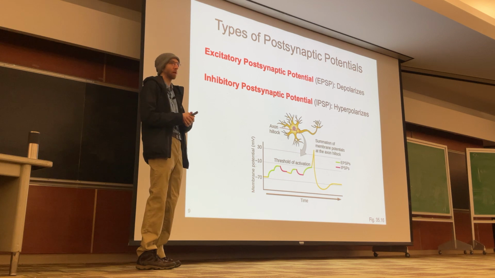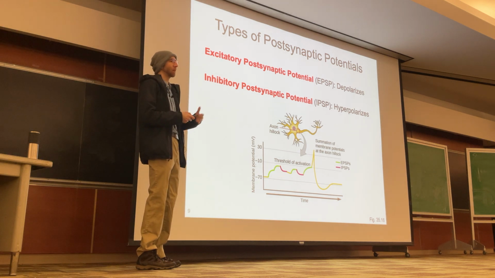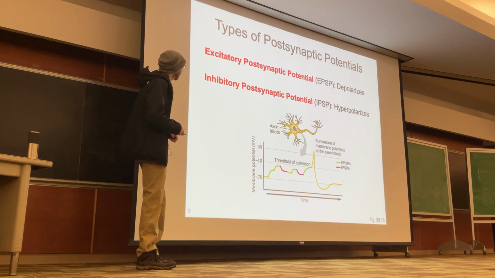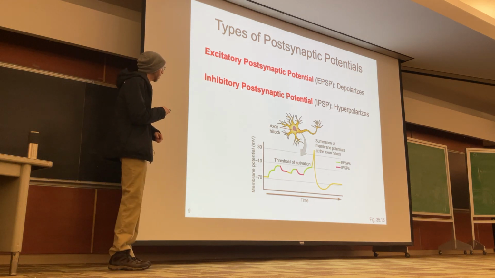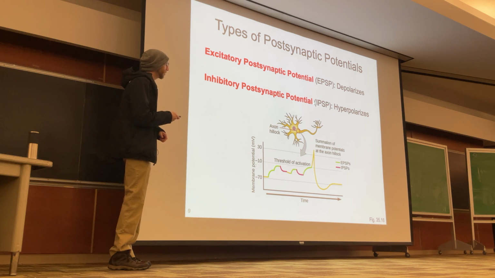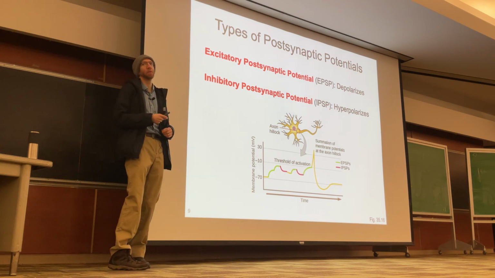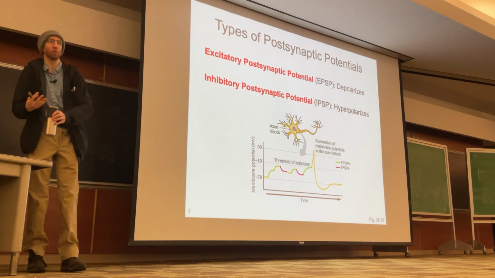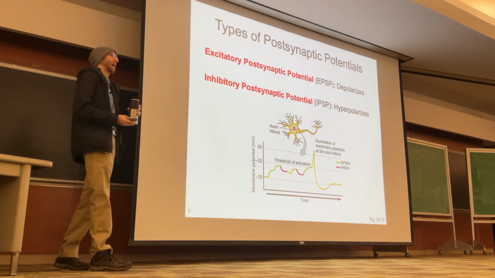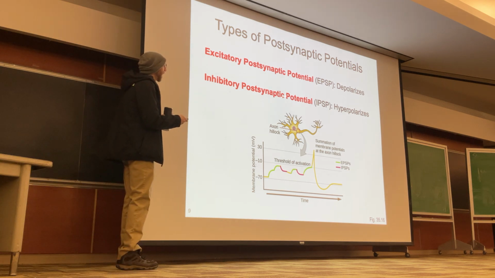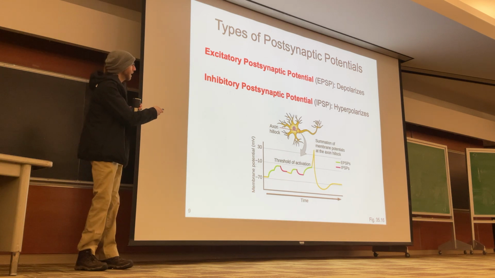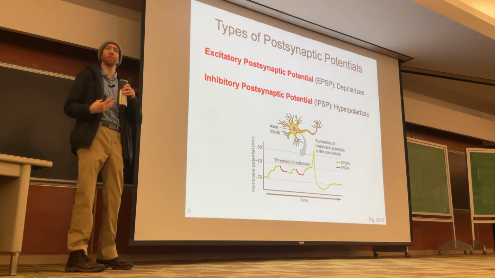It makes it easier to continue that signaling pathway, so we call that excitatory. And the opposite is an inhibitory postsynaptic potential, or IPSP. That's going to hyperpolarize. If you hyperpolarize, you get further from the threshold potential, so it's harder to generate an action potential. So an IPSP is going to suppress or inhibit an action potential in that next cell.